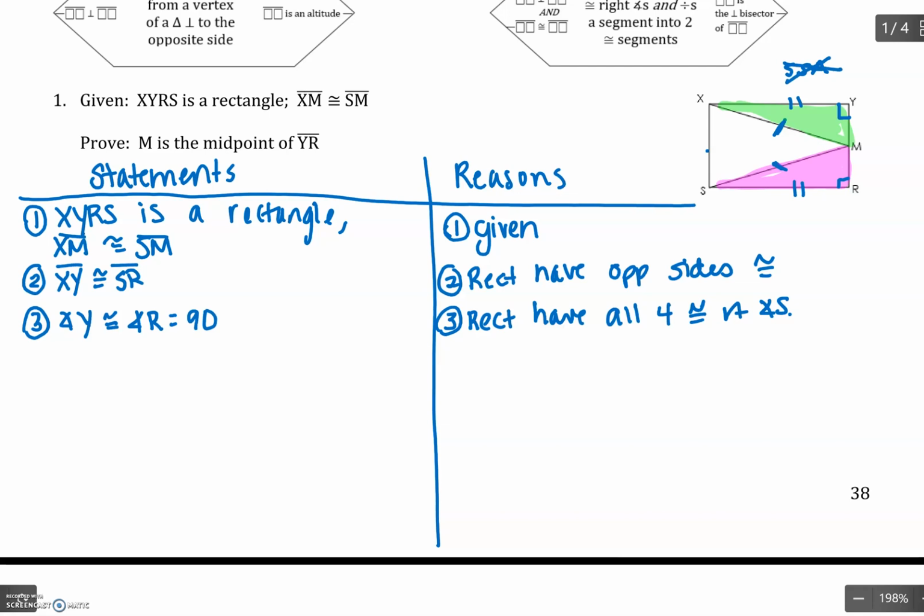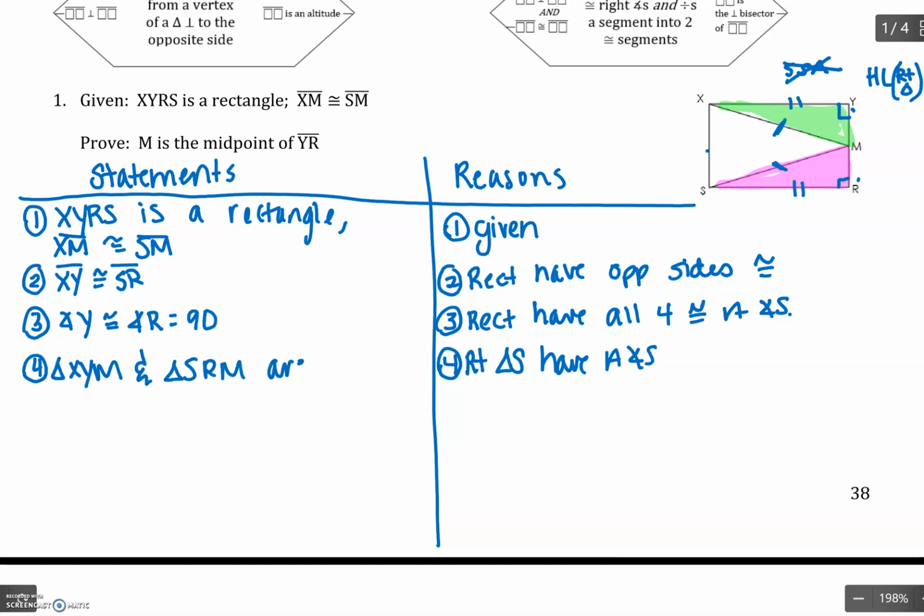But also remember that if you see that donkey theorem, a special case of it is HL, when we have a right triangle. And since we do have right triangles here, we need to say that so that we can use the special case. So right triangles have right angles. And I want to say that triangle XYM and triangle SRM are right triangles.